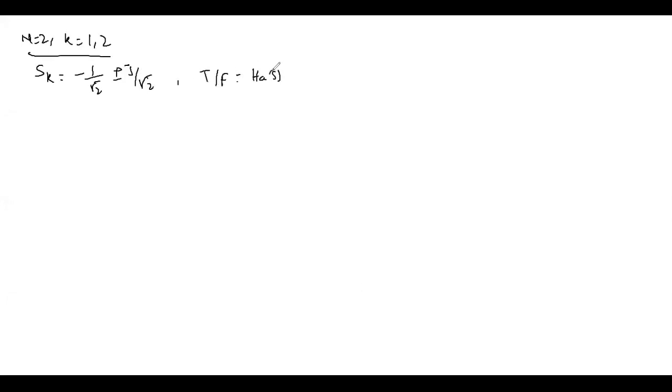H of s equals 1 divided by (s plus 1 by root 2) whole square, because it's the complex conjugate, plus (1 by root 2) whole square.